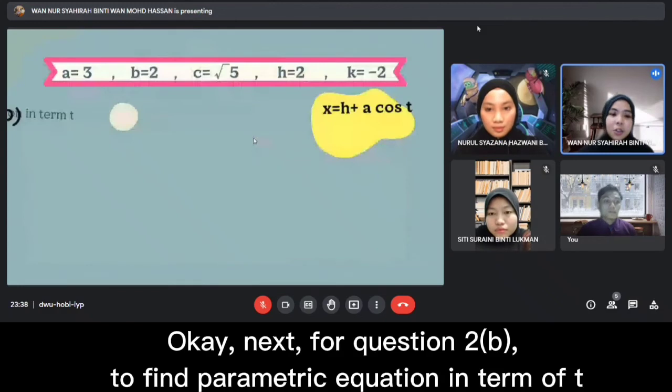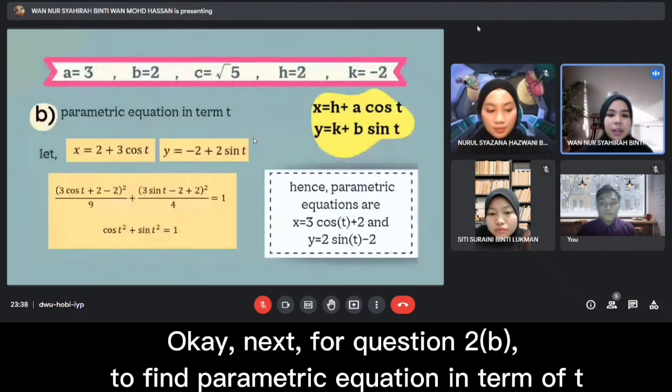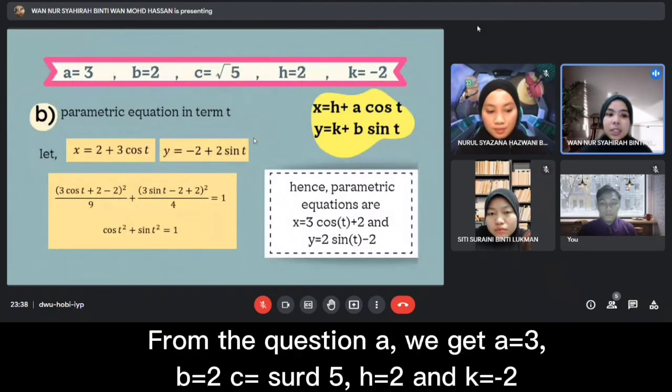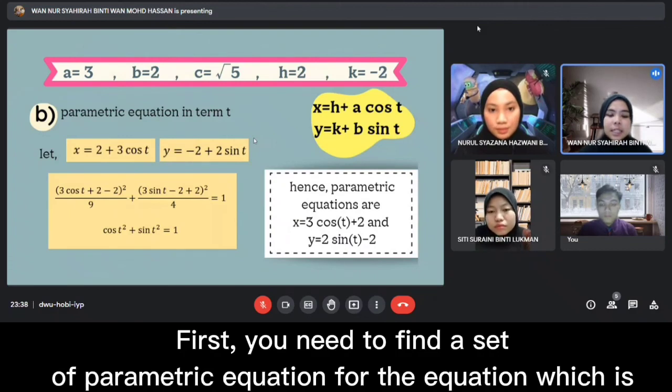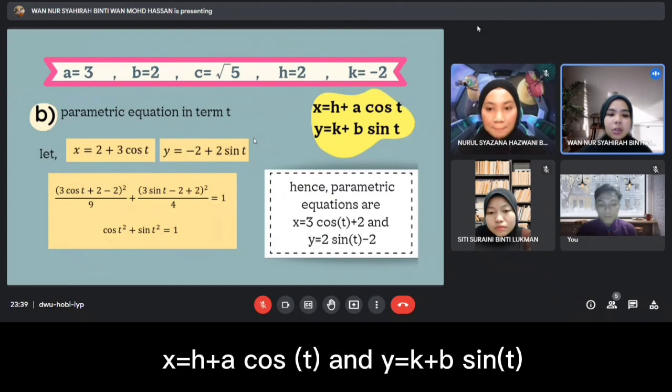Okay, next for question 2b, to find the parametric equation in terms of t. From question A, we get a equals 3, b equals 2, c equals 5, h equals 2, and k equals -2. First, we need to find a set of parametric equations, which is x equals h plus a cos t and y equals k plus b sin t.